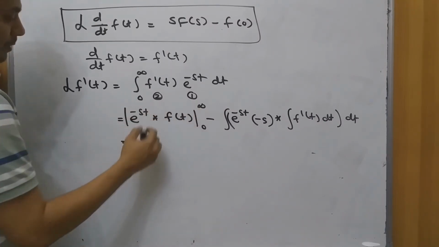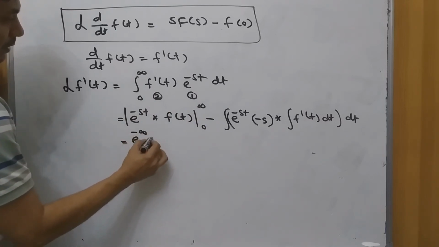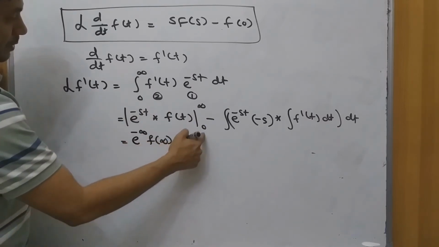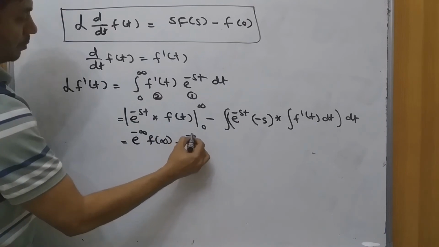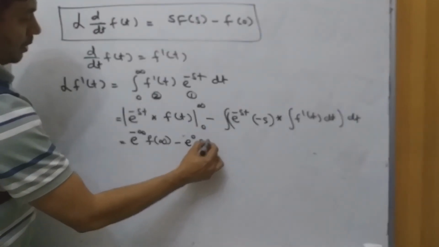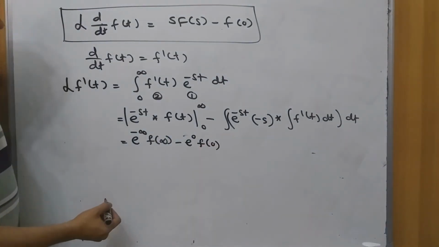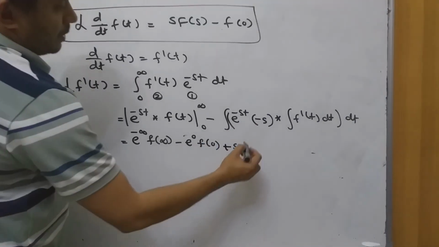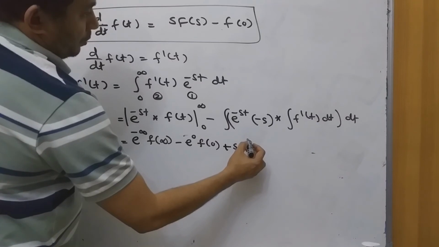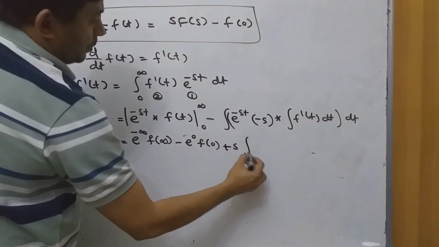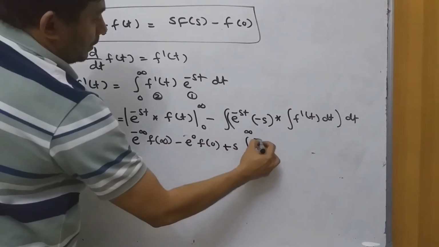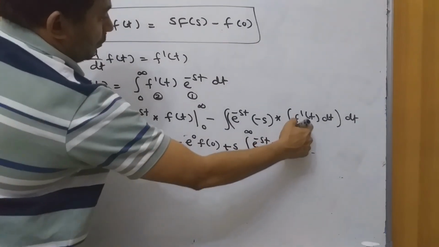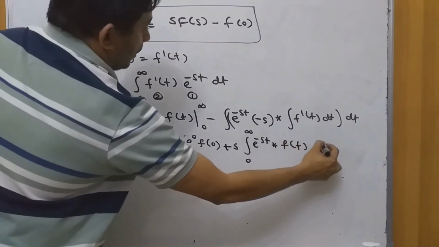If you apply the upper limit, we will get e raised to minus infinity f of infinity, minus the lower limit, which is e raised to minus 0, or e raised to 0, into f of 0. Then minus, taking this term out, we have s, and we integrate this term: 0 to infinity e raised to minus st, and integrating f dash of t we get f of t dt.